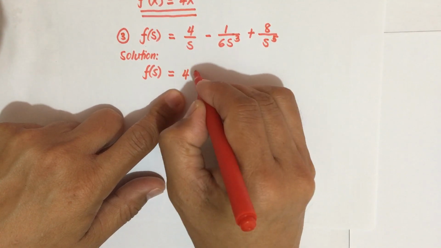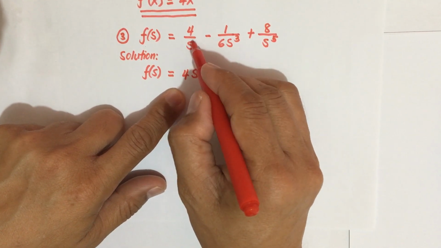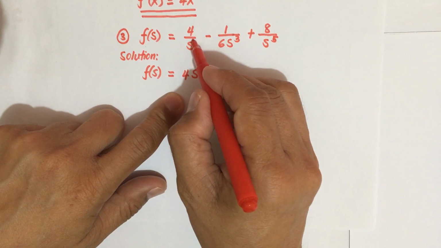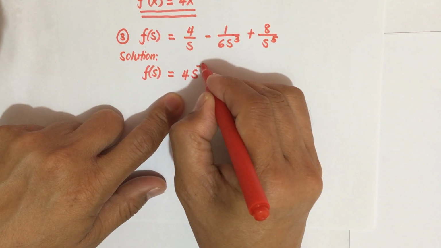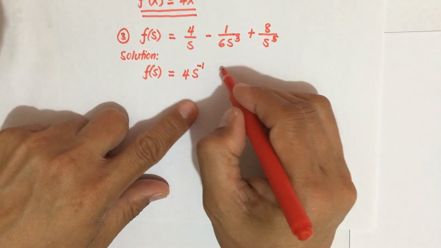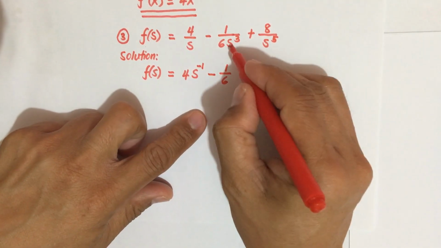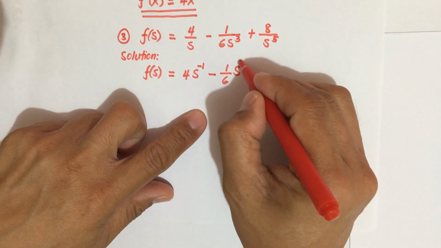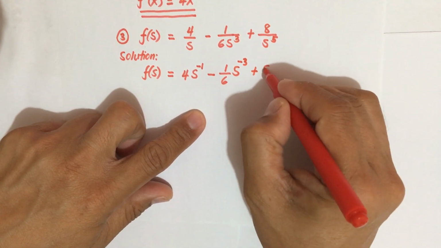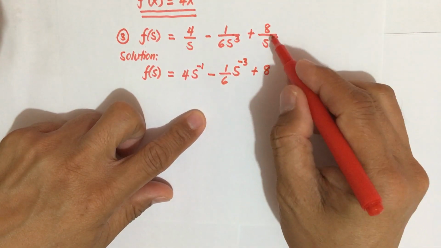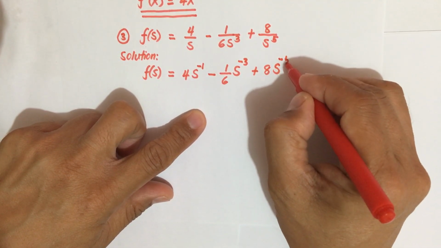So we have 4 times s, where s is understood to have an exponent of 1. When you bring it up, the exponent becomes negative 1. Then minus 1 over 6, bring this up, so you have s with exponent negative 3, then plus 8, bring this up, so it becomes s to the exponent negative 5.